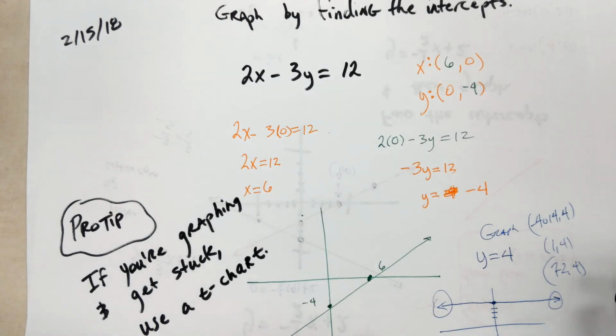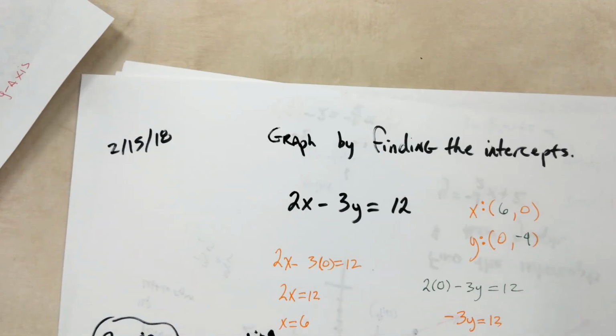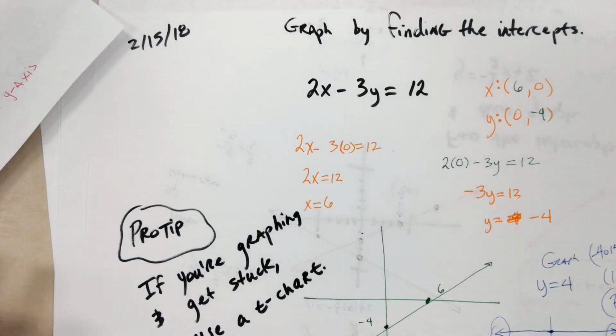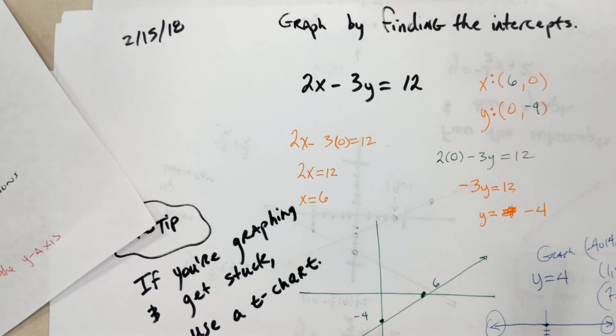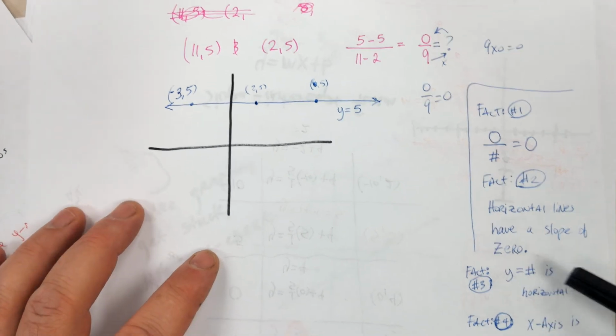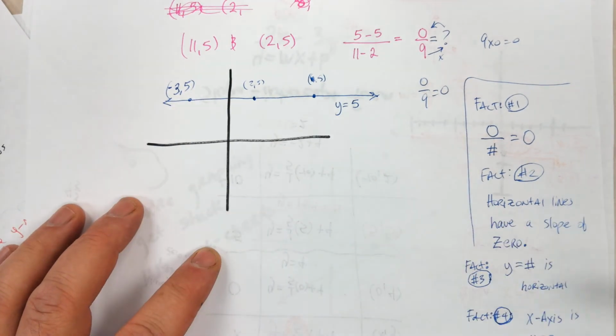Horizontal lines, we just had them. Horizontal lines are y equals a number, the slope is 0, and the x-axis is y equals 0.